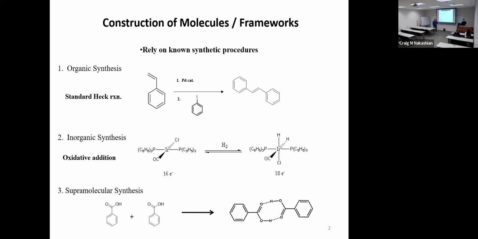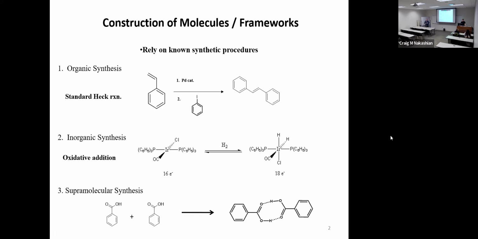Or we can choose a basic inorganic synthesis where we use the actual chemical reaction across the metal itself. In this case, what's called an oxidative addition, where we can take an iridium compound, take a basic diatomic hydrogen, and add the hydrogen molecule across iridium. It's just showing you that there are many different directions you can take.